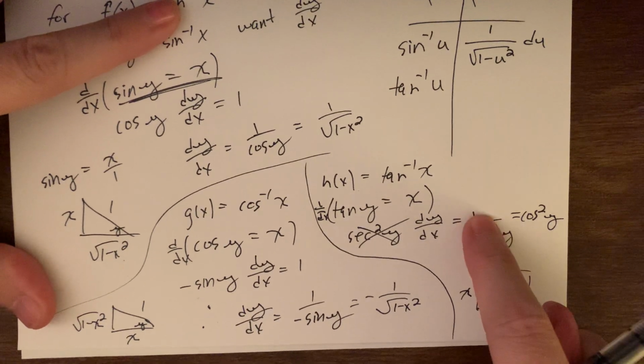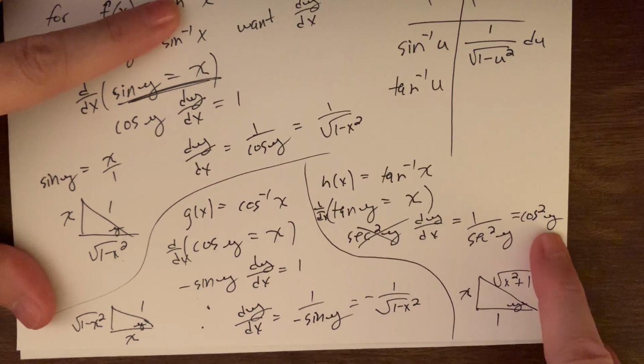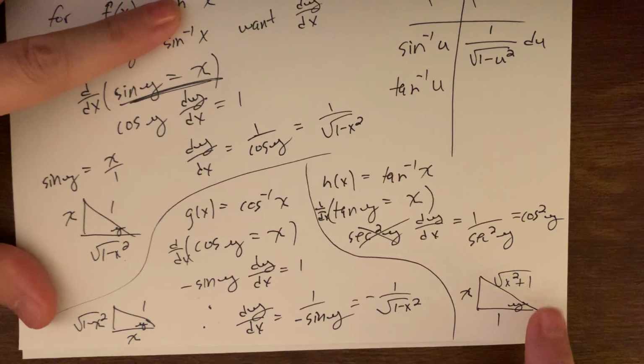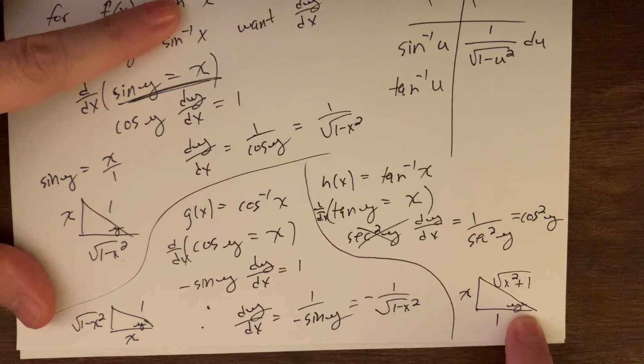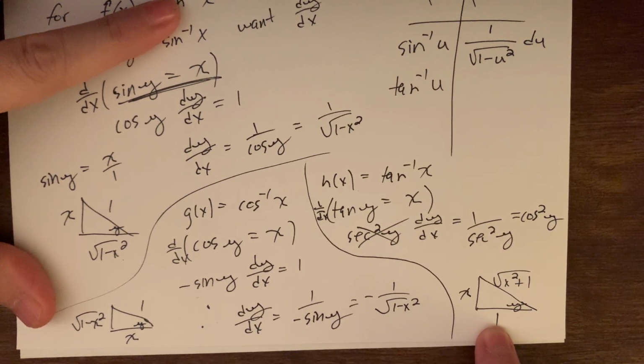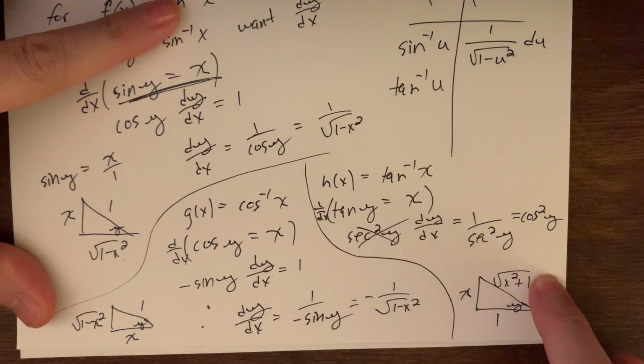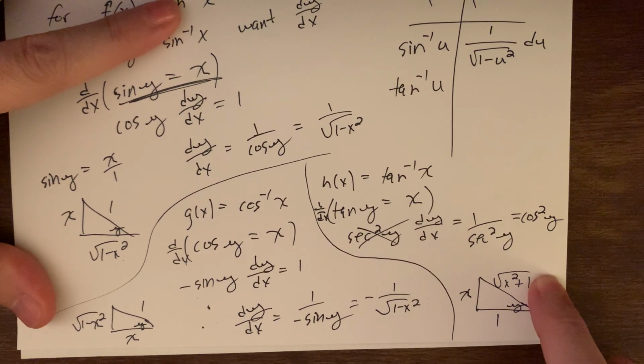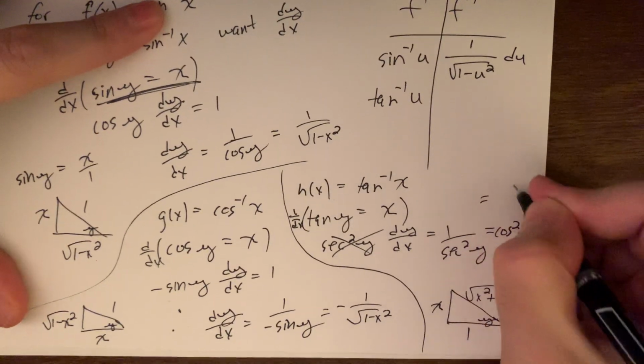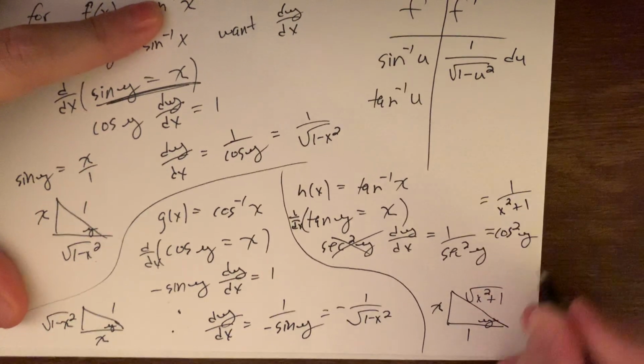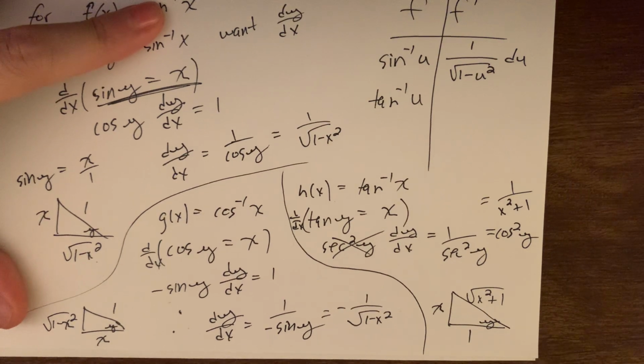So cosine of y is adjacent over hypotenuse, and then we square it, 1 over the square root squared, and the square root would cancel.